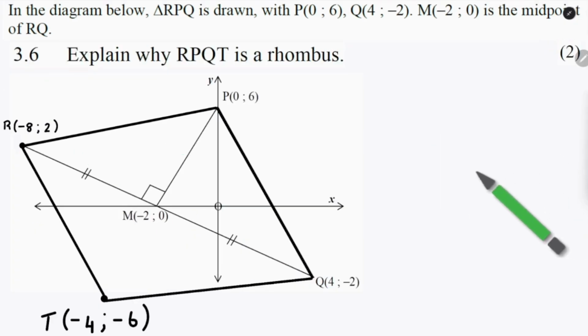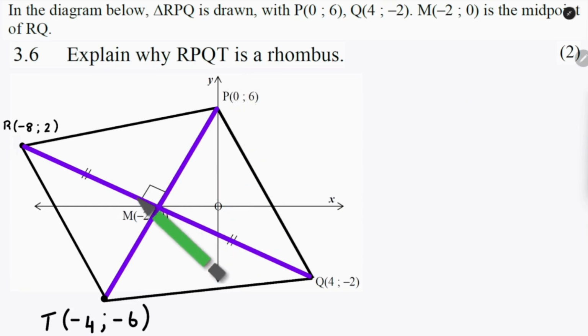In question 3.6, we need to explain why RPQT is a rhombus. So RPQT, they told us in the previous question that it's a parallelogram. So the deciding factor that changes a parallelogram into a rhombus is if the diagonals are perpendicular, and they are. So that's exactly our reason.